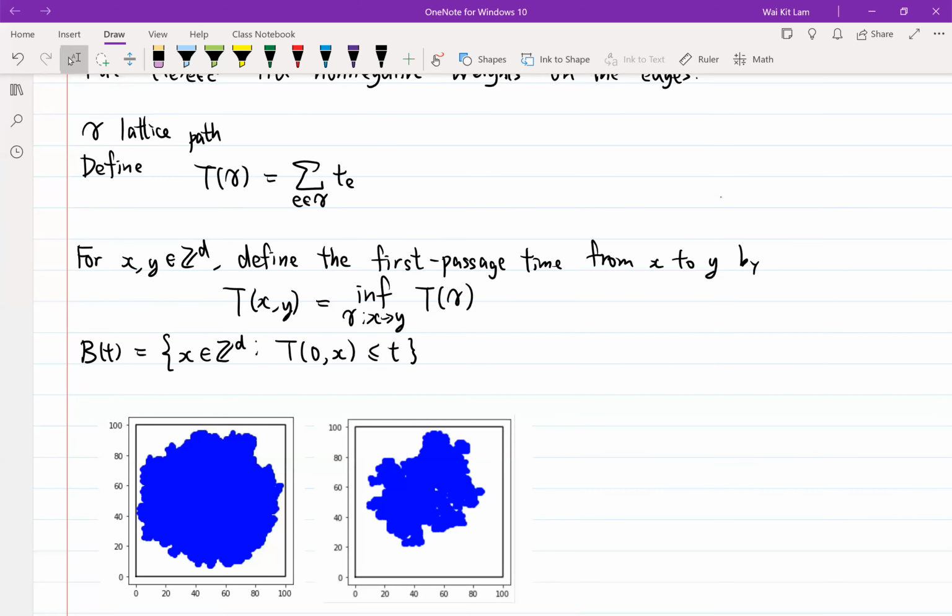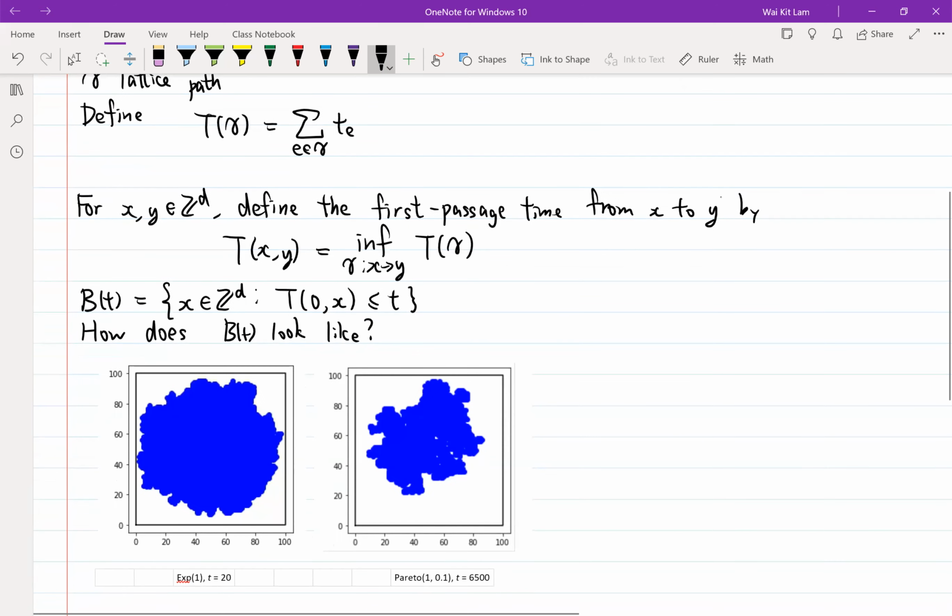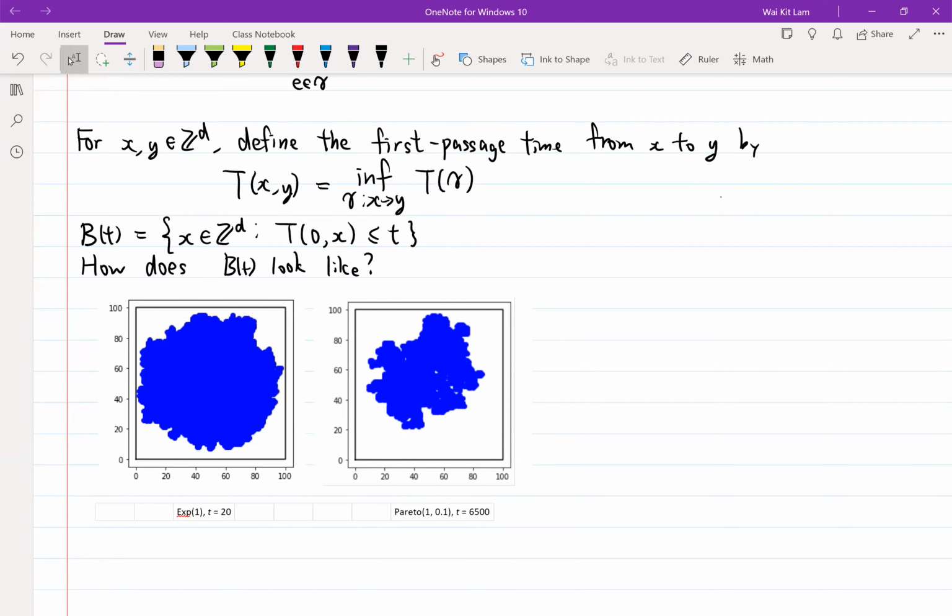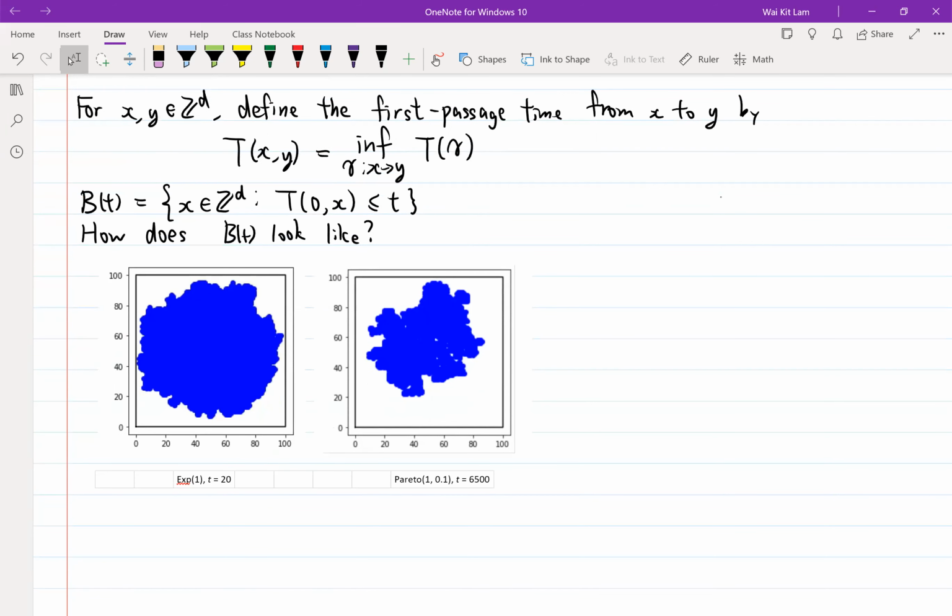A question that you can ask is, how does this B(t) look like? These two pictures are some simulations of this B(t) by taking different distributions for the edge weights.